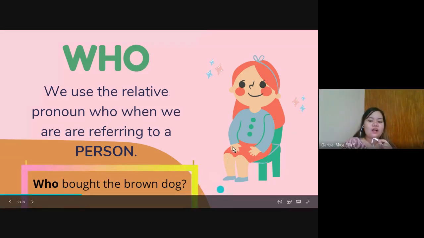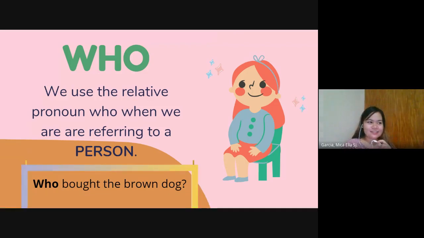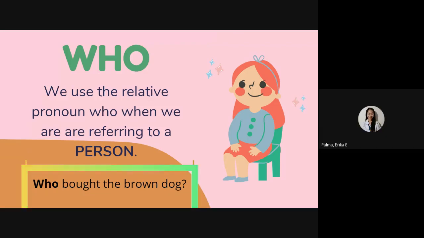All right. Who bought the brown dog? Why do you think we use the relative pronoun who in this sentence? Anyone? Yes, Erica. I think we use who in this sentence because we are referring to a person and not a thing po.